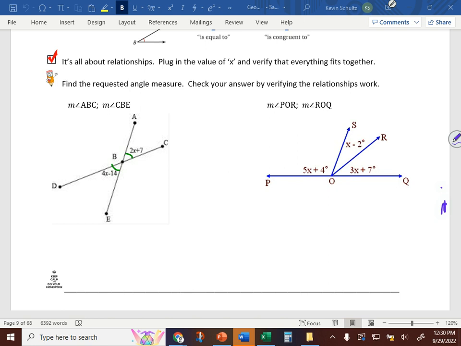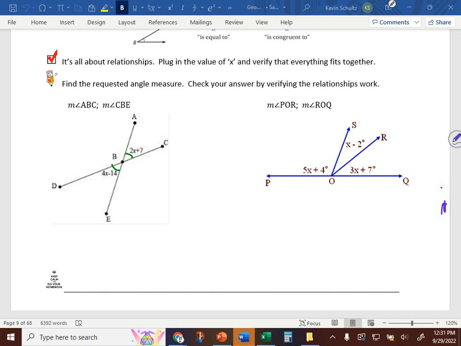Okay, so here's my method. You combine all the x terms, and then you combine all the angles, and then you combine those together, and it equals 180 degrees. How do you know it equals 180 degrees? Oh, we're on the first one.